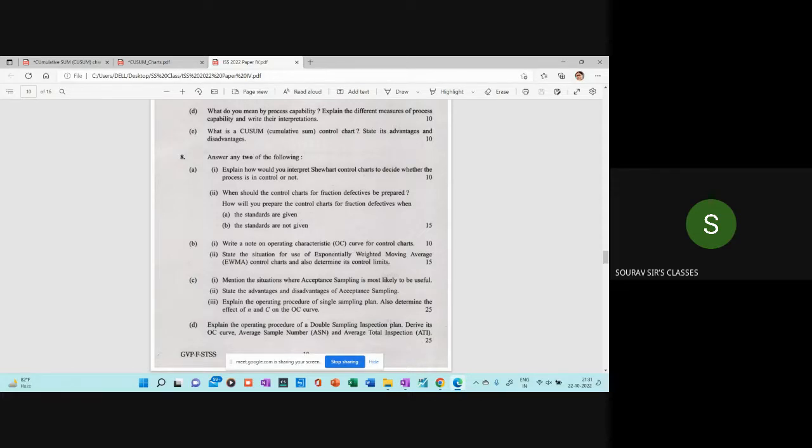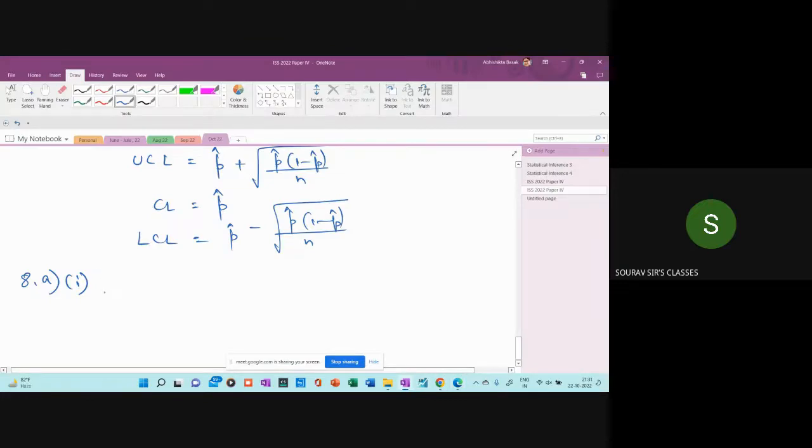There are two terms related to this, that's why this is a 10 marks question, but we have to define both very briefly. So what are the terms we have to go through in this context? Number one is variation.